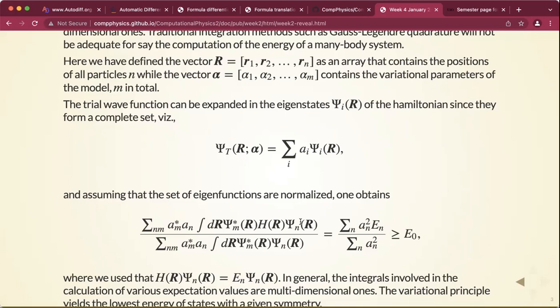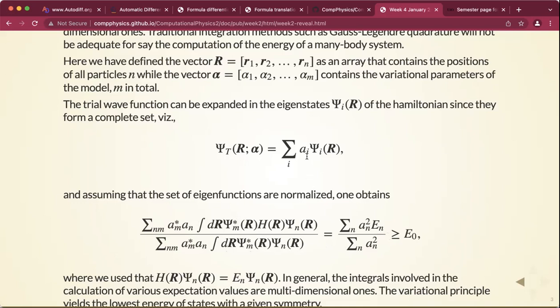And since the state functions are assumed to be normalized and orthogonal, what you get is simply the energy times a normalization integral. So this integral here is assumed to be equal to 1 when n is equal to n. And that's why the double sum disappears and it reduces to a single sum.